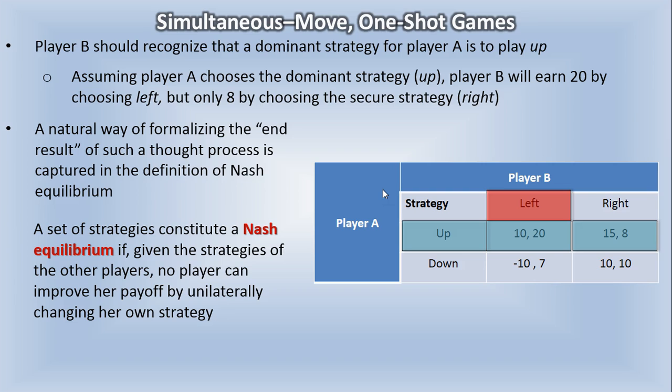The Nash equilibrium is named for John Nash. John Nash was a mathematician who was pretty brilliant. He worked at MIT. He earned the Nobel Prize for economics, and he was schizophrenic.